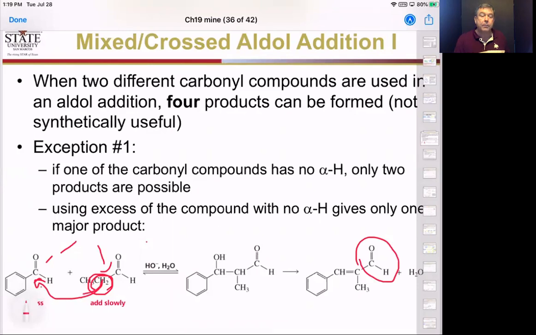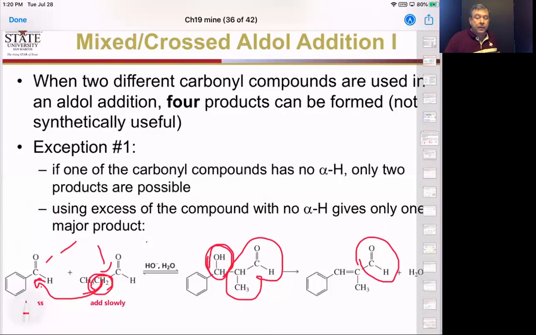The other carbonyl that had no alpha hydrogens is the one that turns into the alcohol. So when you're looking at these compounds and asking how you made them, the one with the alcohol is the one that got attacked by the enolate. The one with the carbonyl compound, either the aldehyde or ketone, still intact, is the one that was the enolate.